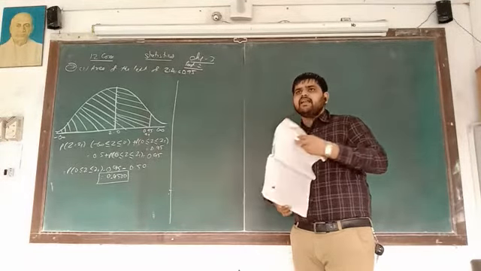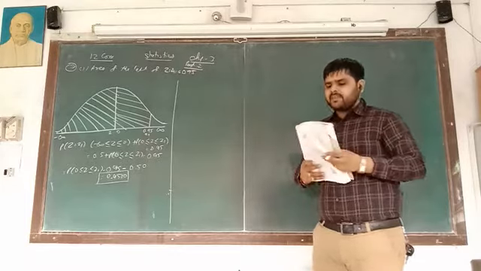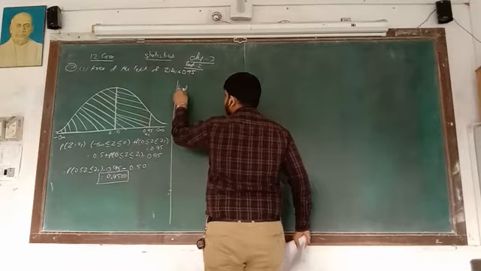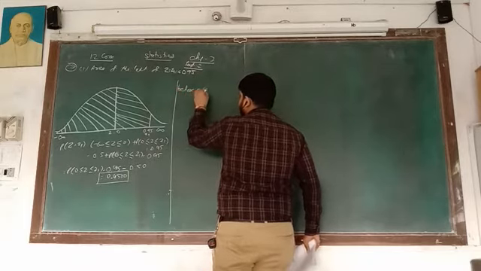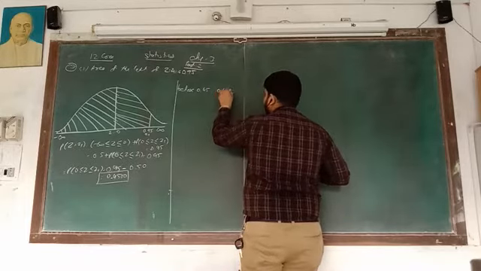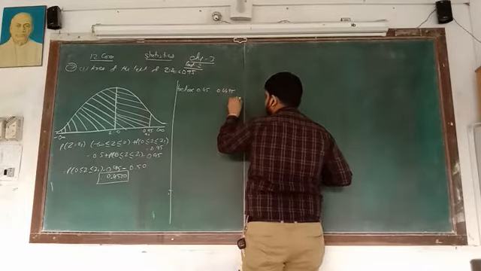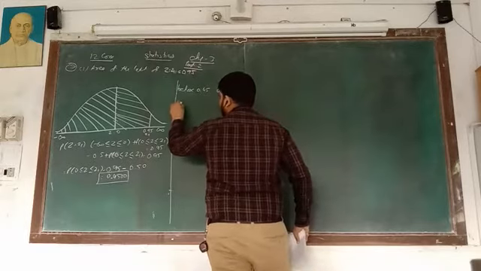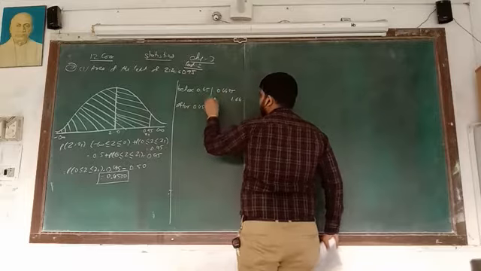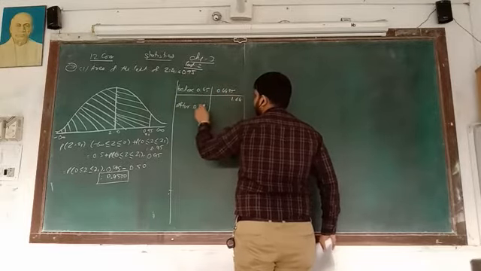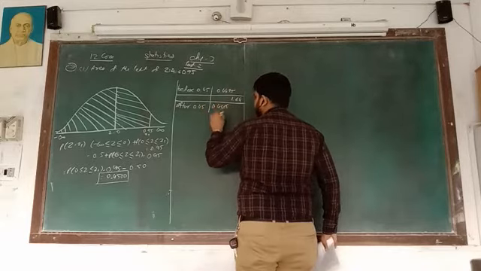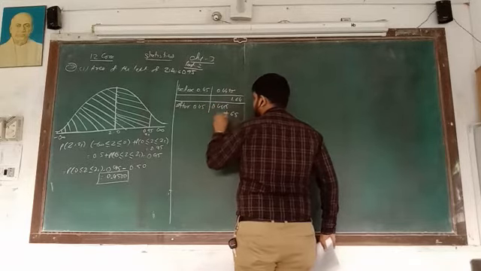Before 0.45, the value is 0.4495, which is 1.64, and after 0.45, the value is 0.4505, which is 1.65.